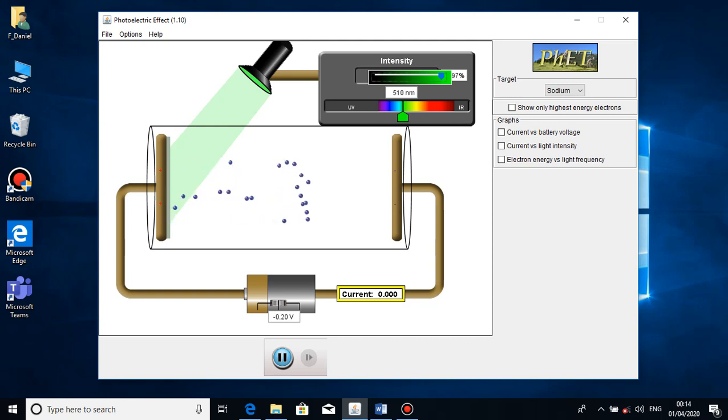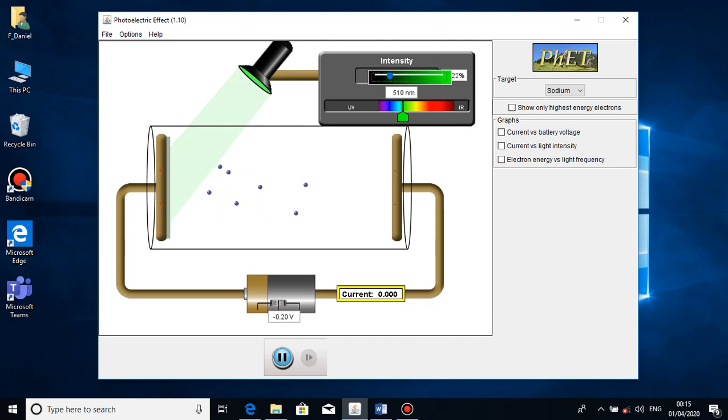Then we observe that more electrons are extracted because more light is falling on the metal, but they cannot move more. If they reach the same point with less intensity or more intensity, this means that the same initial energy is carried by each electron in all cases.